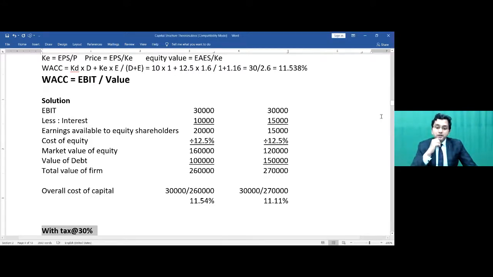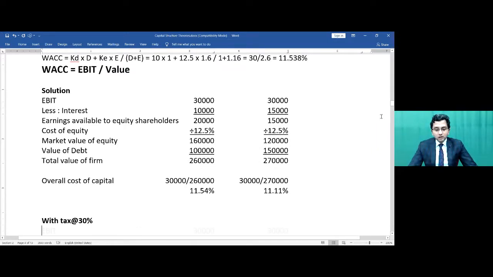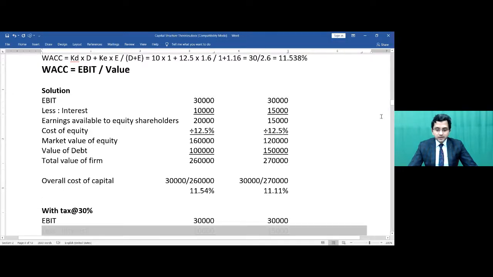So the illustration we solved earlier, now I will solve again, but this time with income tax at the rate of 30%. EBIT is same, that is 30,000. Interest is 10,000 and 15,000.